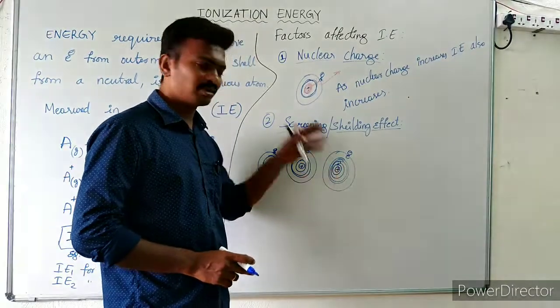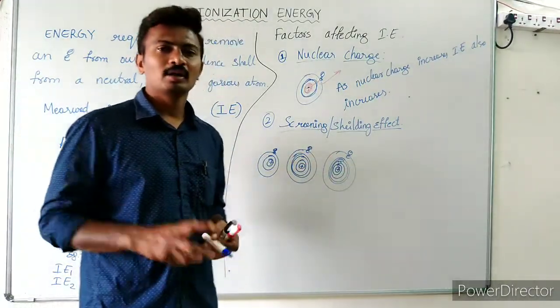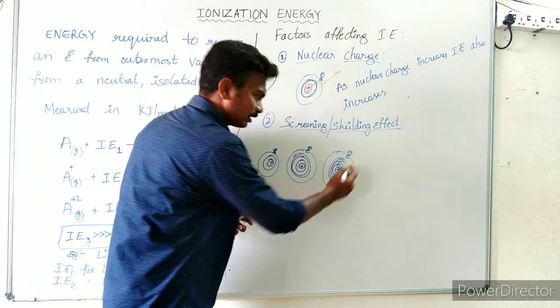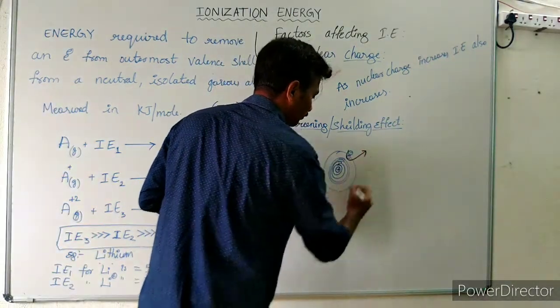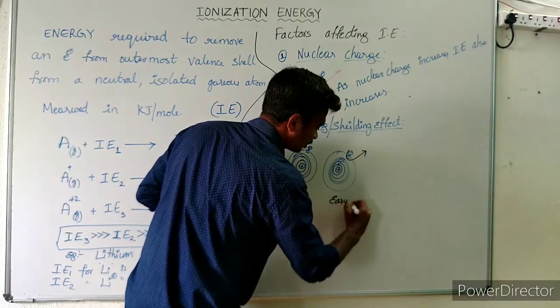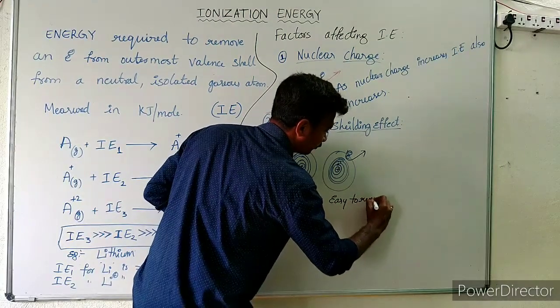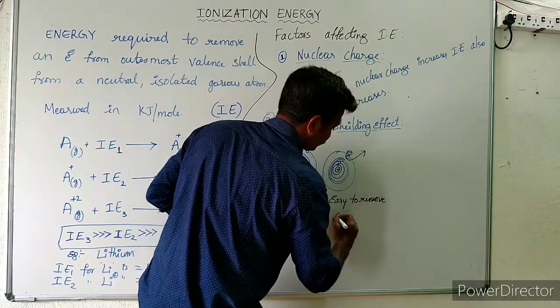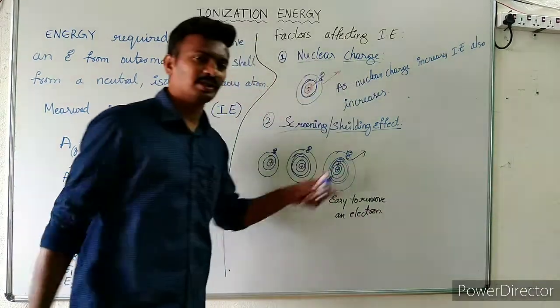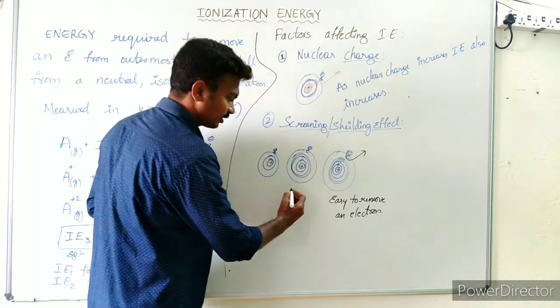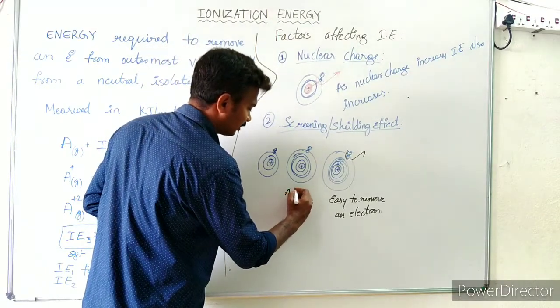So these more shells will protect this valence electron strongly. Therefore, this can be easily removed. It is easy to remove an electron. From here the electron removal is very easy, whereas in this case it is somewhat more difficult.